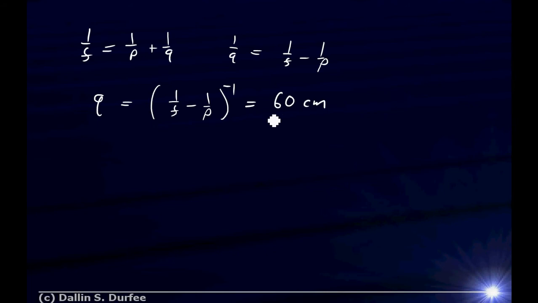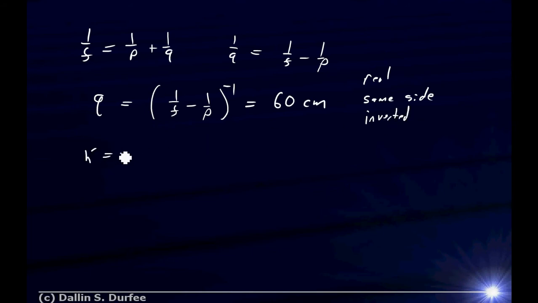All right, there we go. So it is a real image because q is positive. Because q is positive, it's on the same side of the mirror as the object. Also, because q is positive, we know that the image will be inverted. And how big will the image be?